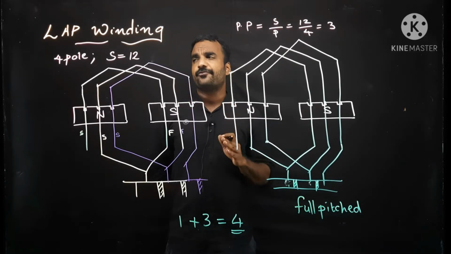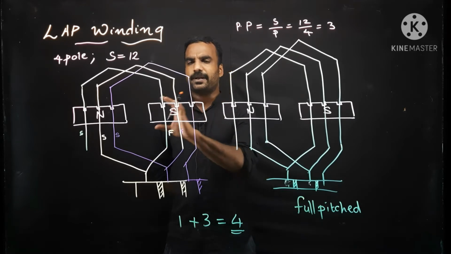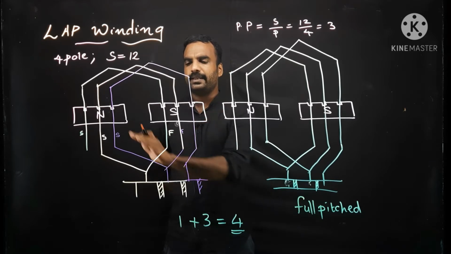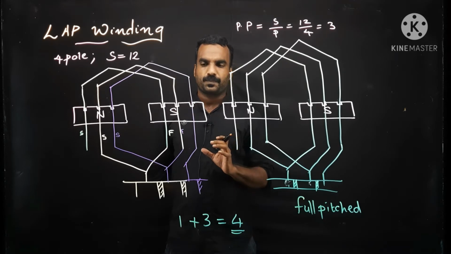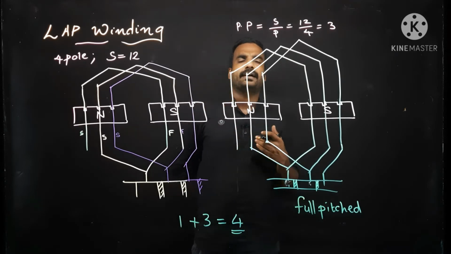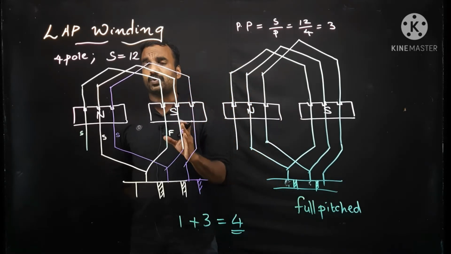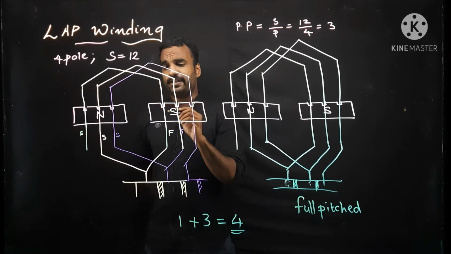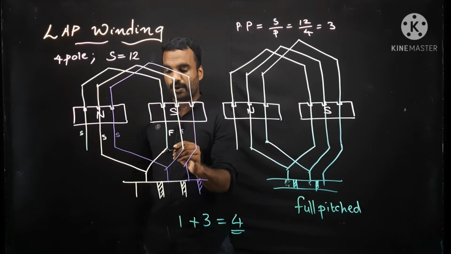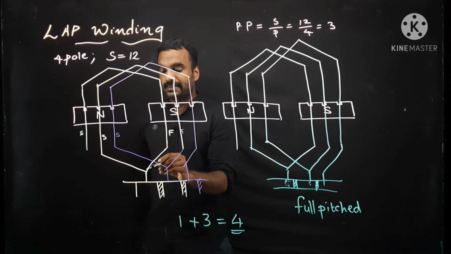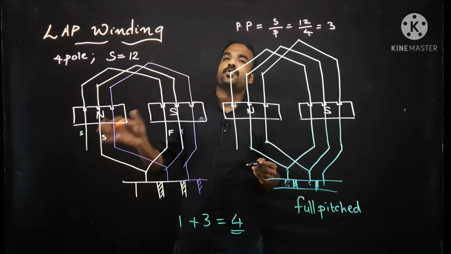Now, I am going to the definition of lap winding. So, what is lap winding? Under each pair of poles, we are creating a separate set of winding. In other words, as a definition, you can note down: in lap winding, finishing end of first coil, this is finishing end of first coil, is connected to beginning end of second coil under the same north pole.